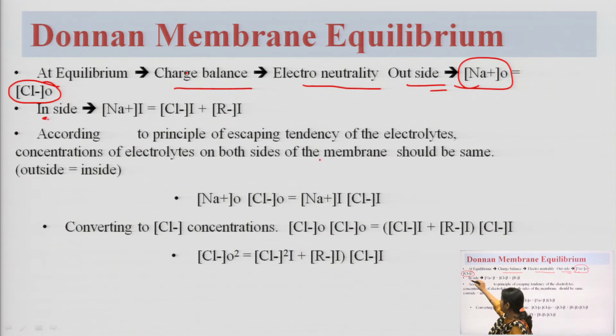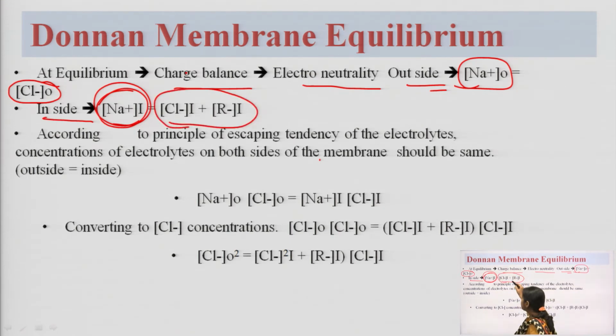And similarly, inside also the concentration of sodium ions will be equal to the sum of the concentration of negative charges, that is concentration of chloride ion and concentration of R minus ion, that is anionic polyelectrolyte.